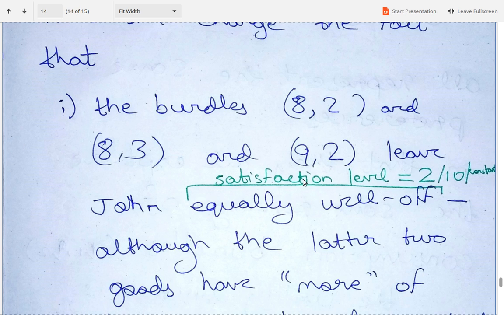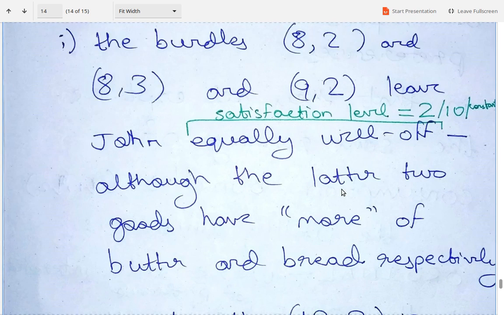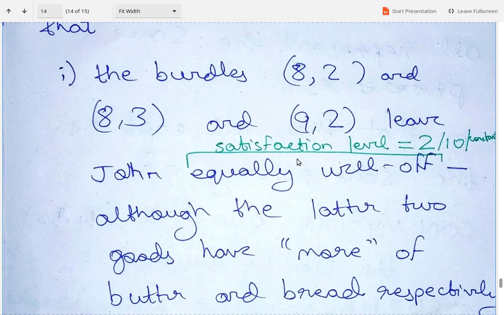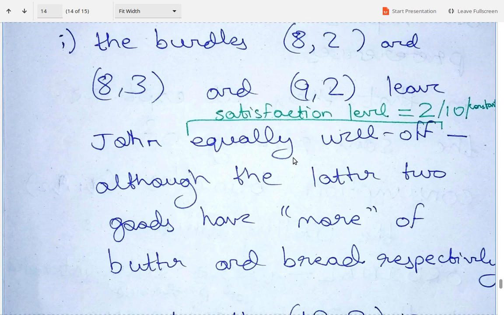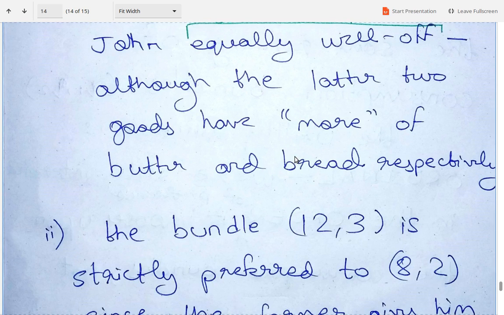In each of these cases, John would be left just as well off with either of these three consumption bundles, although the latter two bundles, that is (8, 3) and (9, 2), have more butter and bread respectively.